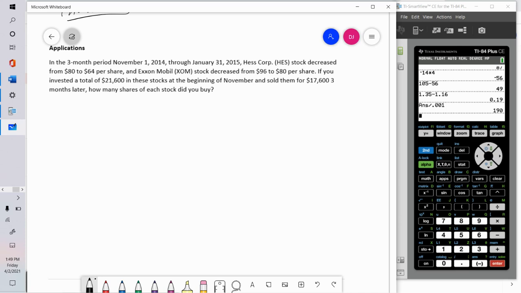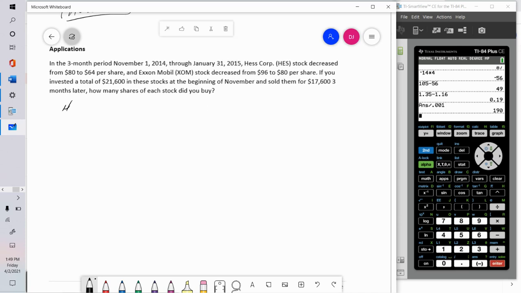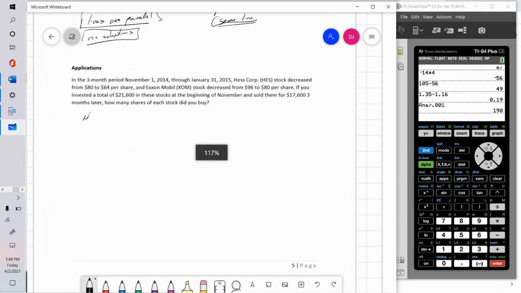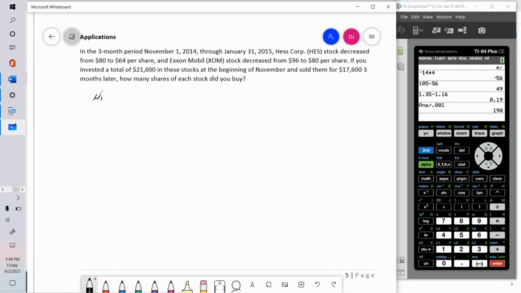Well, what I'm going to do is say that Hess is X, and let's say that ExxonMobil is Y. So the Hess stock, when I bought it, was $80 per share.